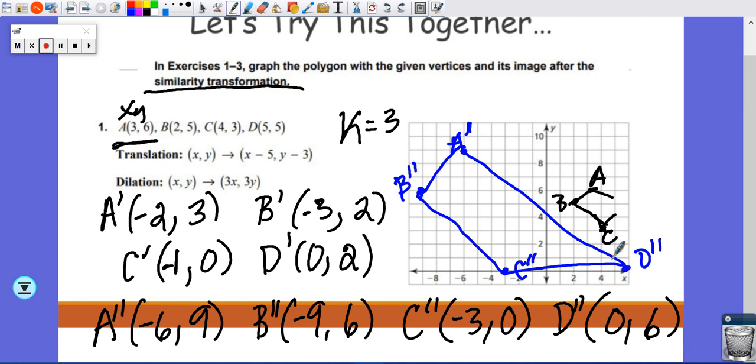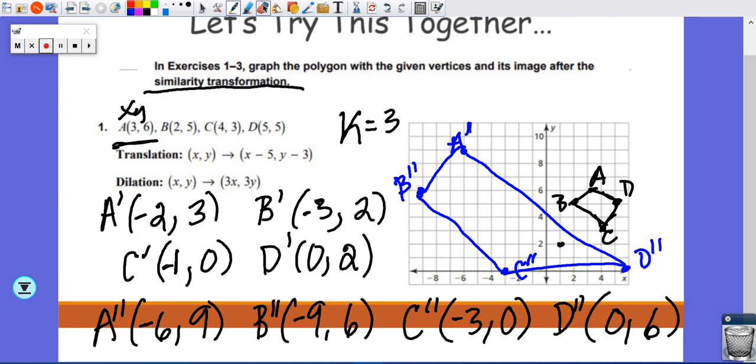This should be 5 and 5, so right here. And there we go. And then on C, C should be negative 1 and 0. And D is 0 and negative 2, which should be right here.